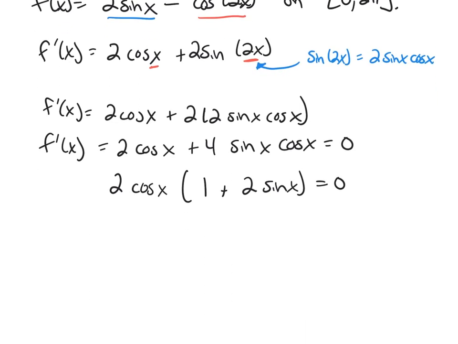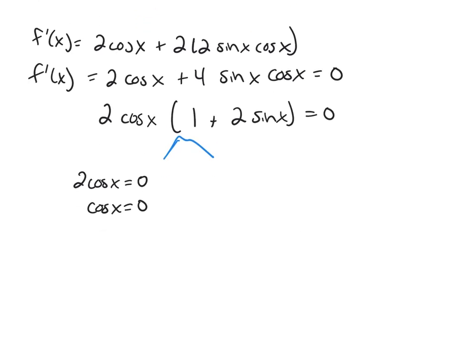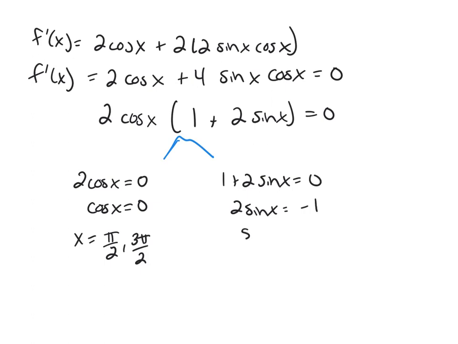And now I'm going to split this off into my two solutions. 2 cosine x equals 0. Cosine x is 0. So what are my solutions to this equation in the interval 0 to 2 pi? X could be pi over 2 or 3 pi over 2. If I take 1 plus 2 sine x equal to 0 and solve, sine x will be negative 1/2.